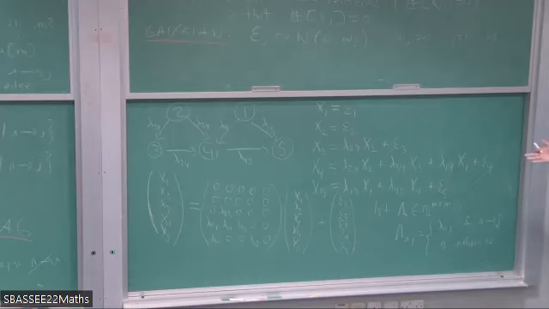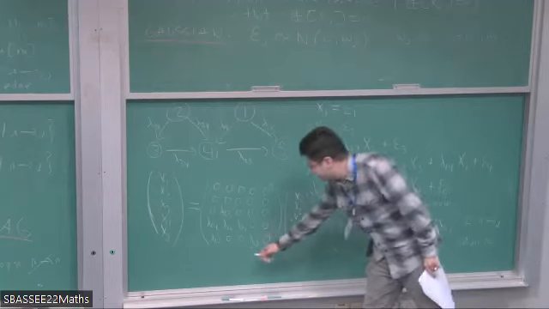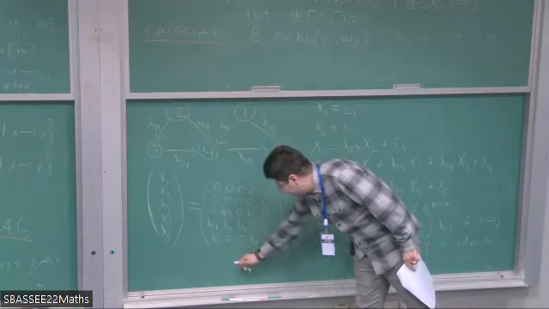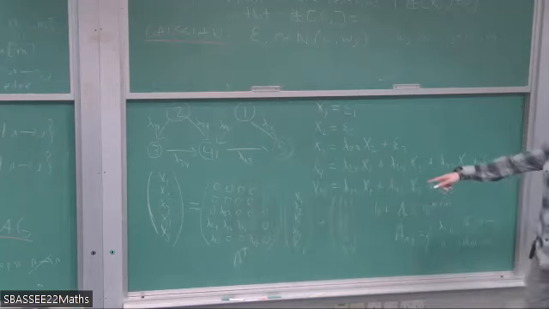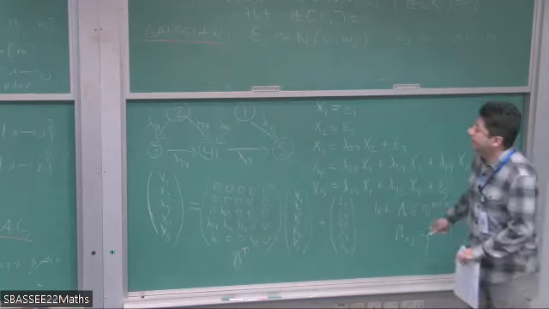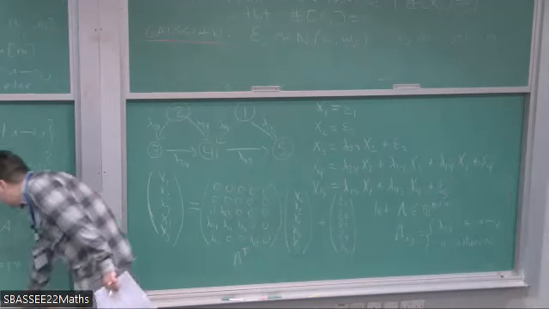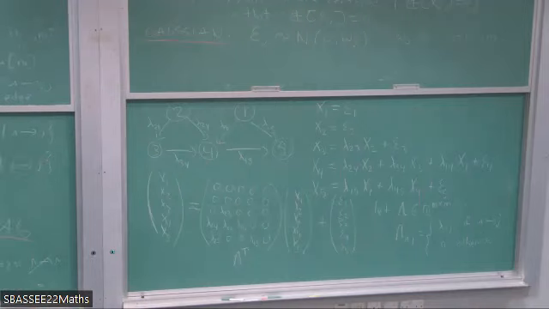But this is very close to lambda. So what is it? Does anybody see it? Yes, transposed. So this is actually lambda transpose. Note that this is lambda transpose. Okay, then let me erase.